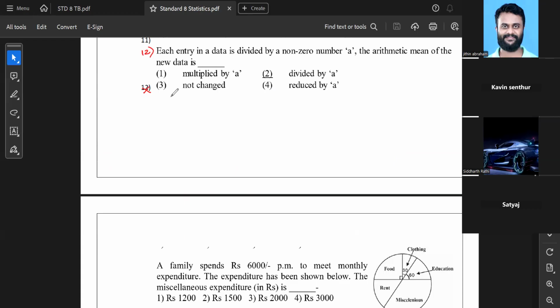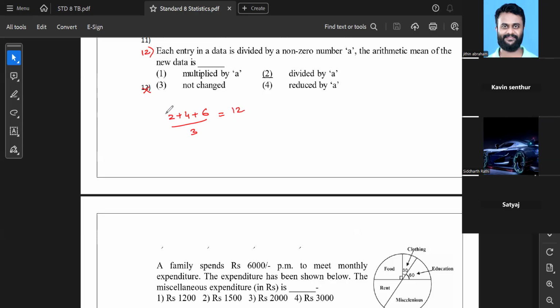Can you guess why? I'll give you a simple example. Let's say 2 plus 4 plus 6. This is your data. You're going to find the mean of it. When you find the mean, you'll get 4.